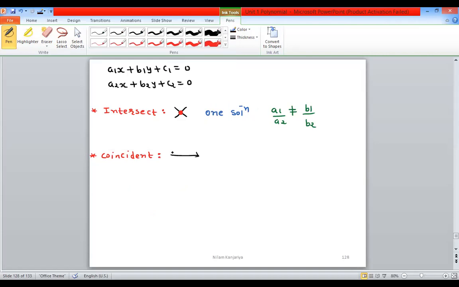This is your first line and it's your second line on it. So these are the consistent lines, one line overlapping another line.